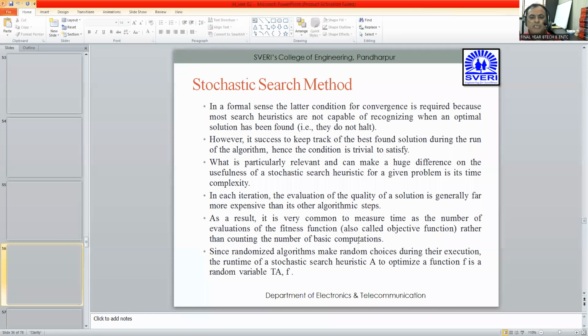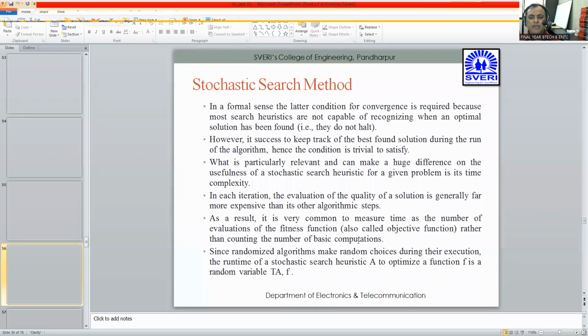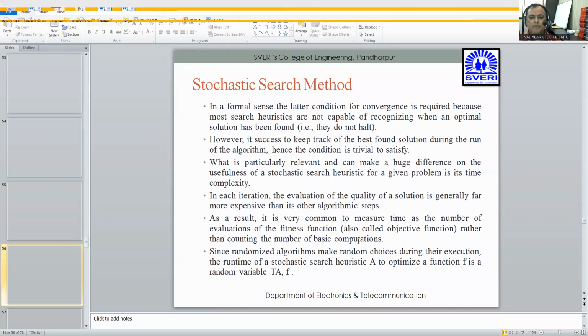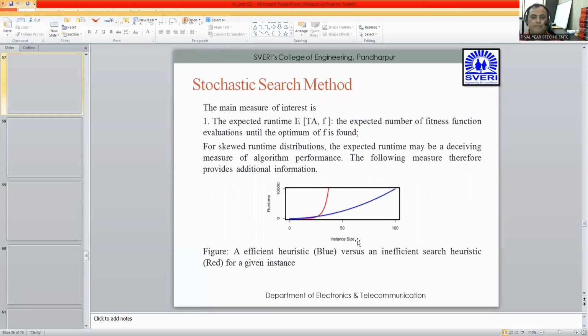Now, stochastic search algorithms can also be explained since randomized algorithms make random choices during their execution. If you consider a heuristic for stochastic search, let us consider the heuristic A used to optimize the function F. The runtime is a random variable, so T will be T(A, F).